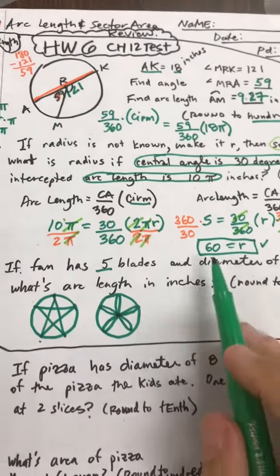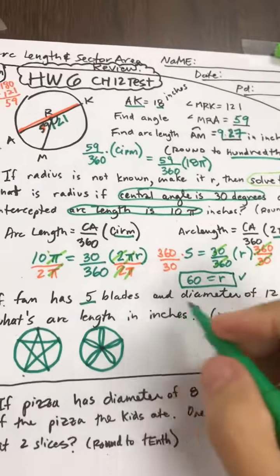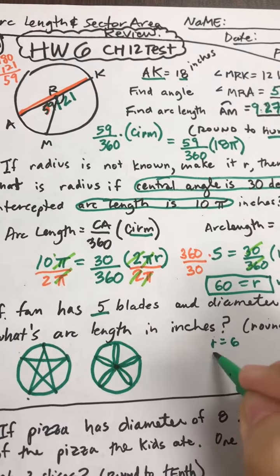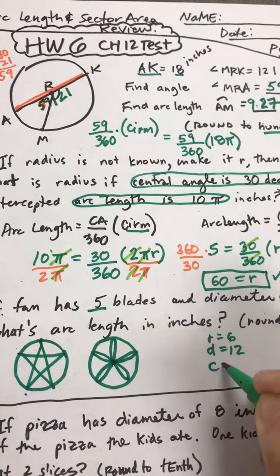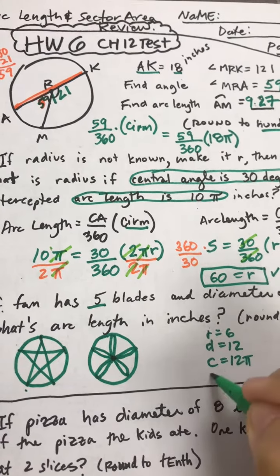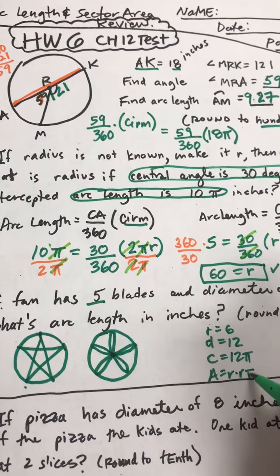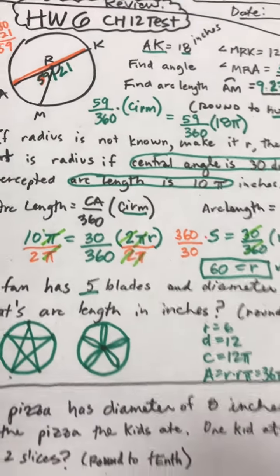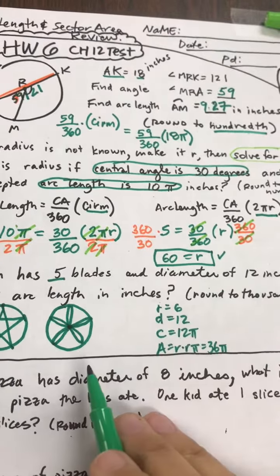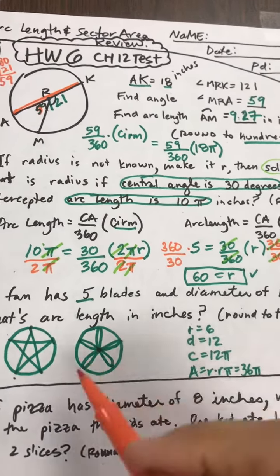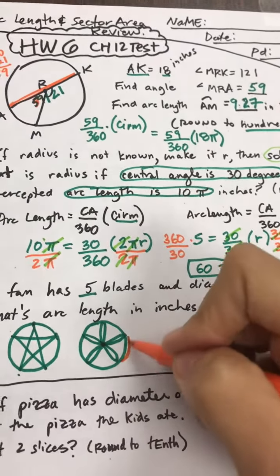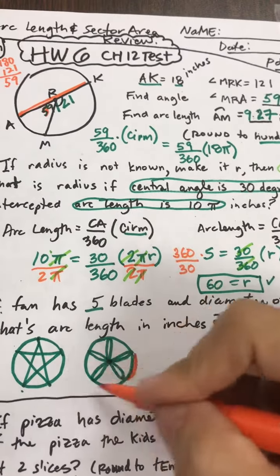Now, the diameter is 12. So radius is 6, diameter is 12. Circumference is 12 pi, and area would be radius times radius times pi, or 36 pi. Okay, so now everything's set up. I don't want the whole circumference. I want to know the distance between any of these two fan blades.